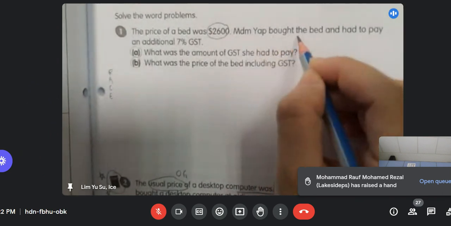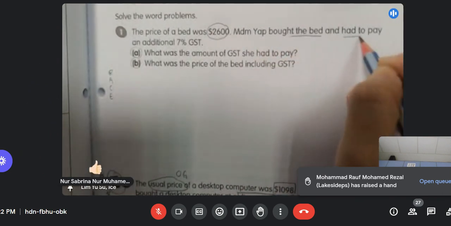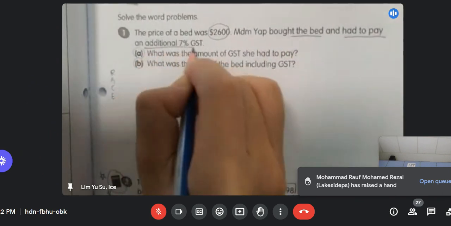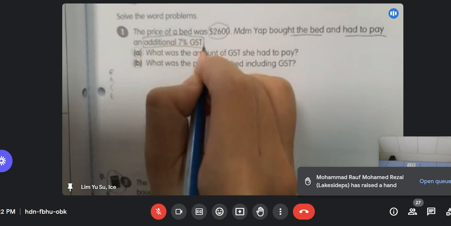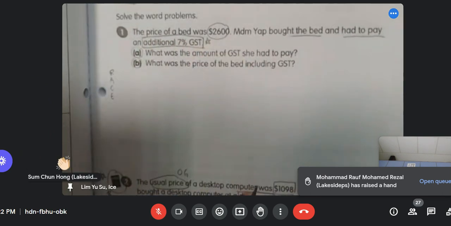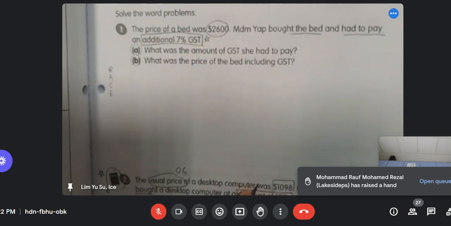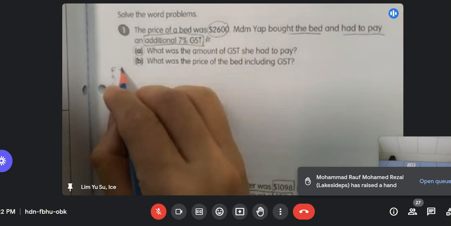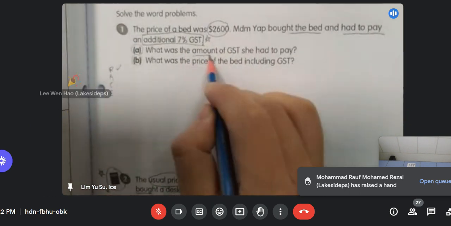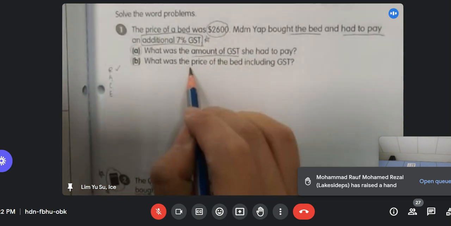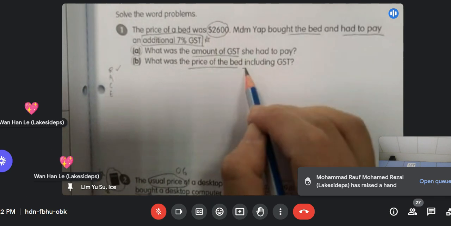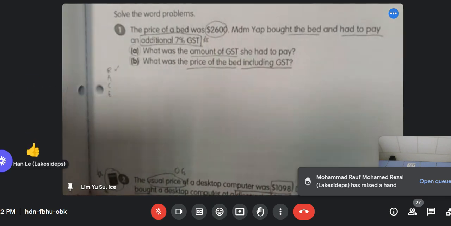Madam Yap bought the bed and had to pay an additional 7% GST. A, find the amount of GST. B, find the price of the bed, including the GST.